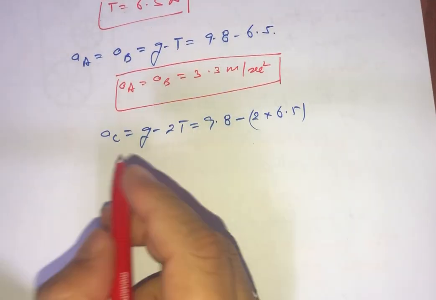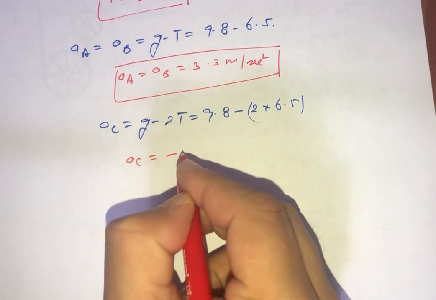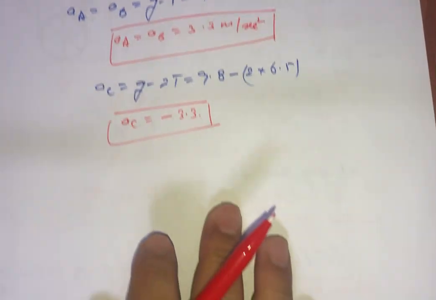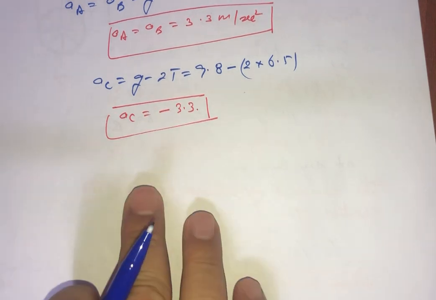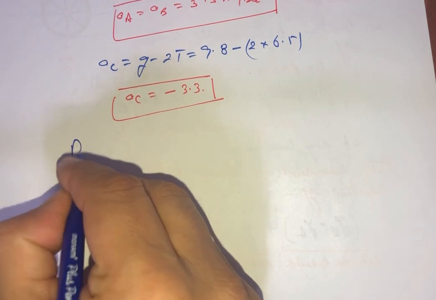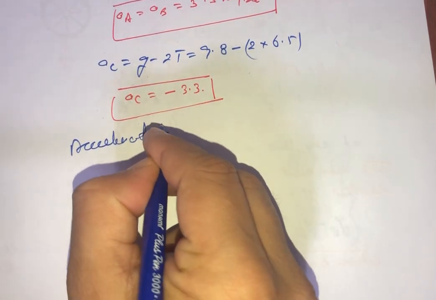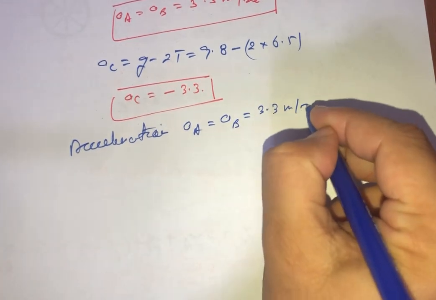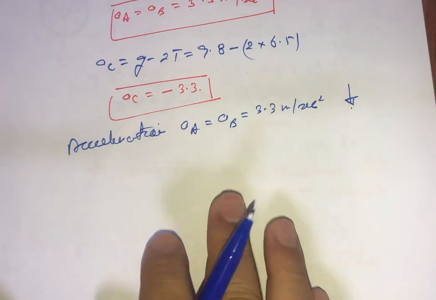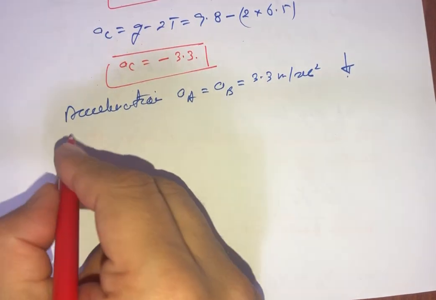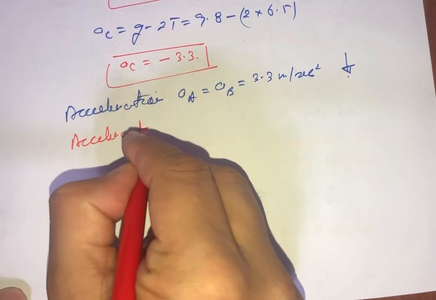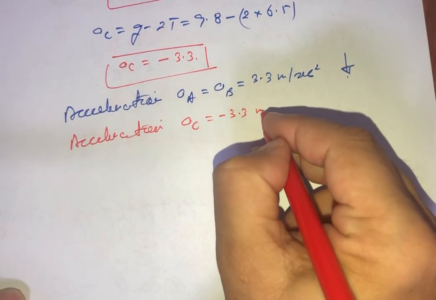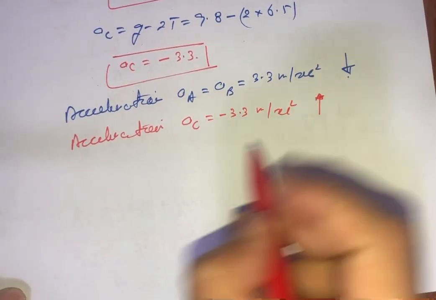So we get AC will be coming as minus 3.3. So acceleration of A is equal to acceleration of B, which is equal to 3.3 meter per second square in the downward direction, and acceleration of C is equal to minus 3.3 meter per second square, and that will be in the upward direction, because of this negative sign.